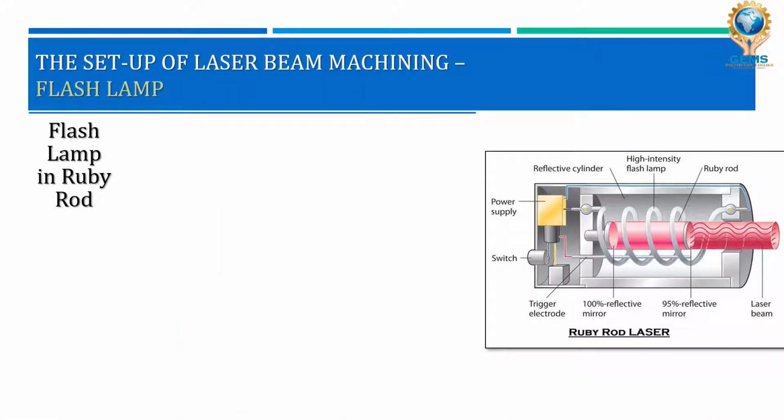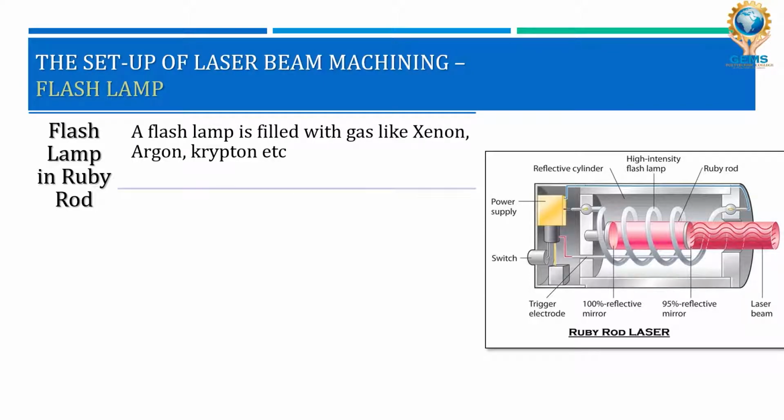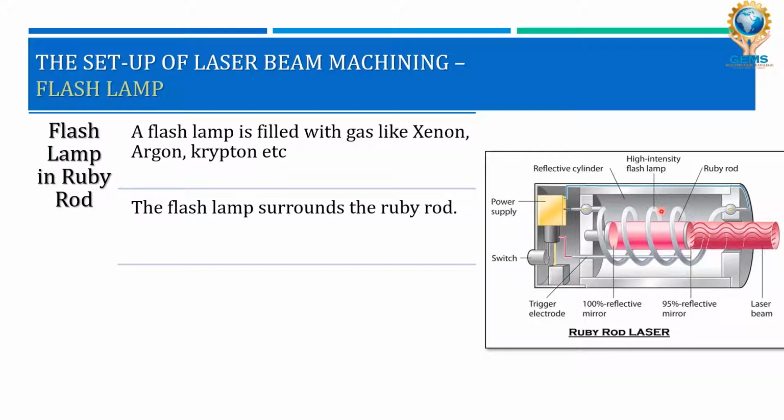Now let's come to the flash lamp in the ruby laser. So this is the flash lamp which surrounds the ruby rod. It is filled with gases like xenon, argon, or krypton, and so on. These are some rare gases.